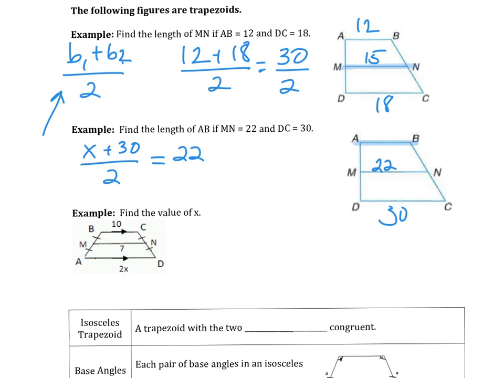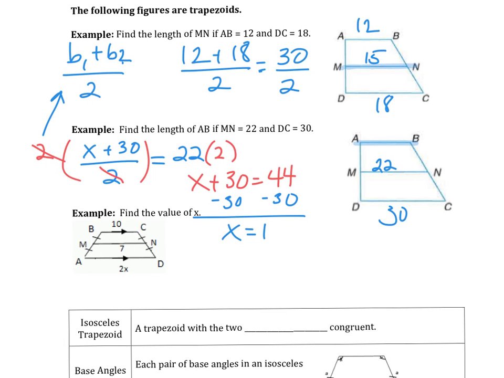All right, now in order to solve for x, the first thing I'm going to do is multiply both sides by 2 to get rid of that 2 in the denominator. So I've got x plus 30 is equal to 44. Now I'm going to subtract my 30 here. I've got x is equal to 14. So I know that that top base, AB, is 14.